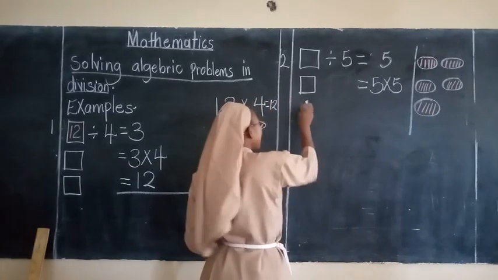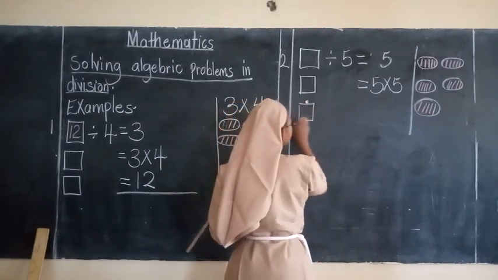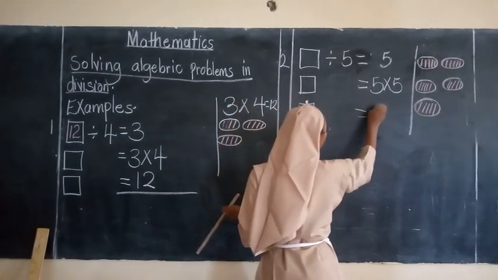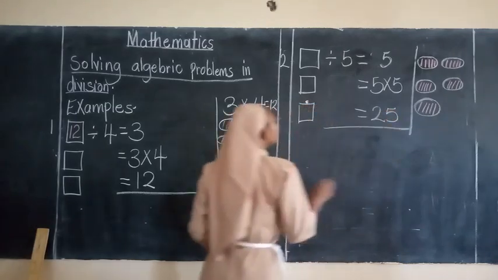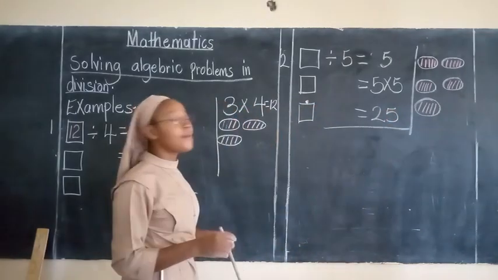So we come here and we write box equals 25. So our answer will be 25.